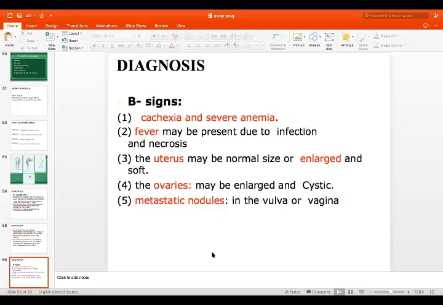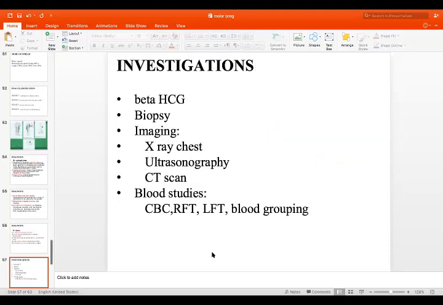And regarding signs, the patient will be anemic. She may have fever due to infection and necrosis. The uterus may be of normal size or enlarged with soft consistency, and the ovaries may be enlarged and cystic. Metastatic nodules may be present in the vulva.